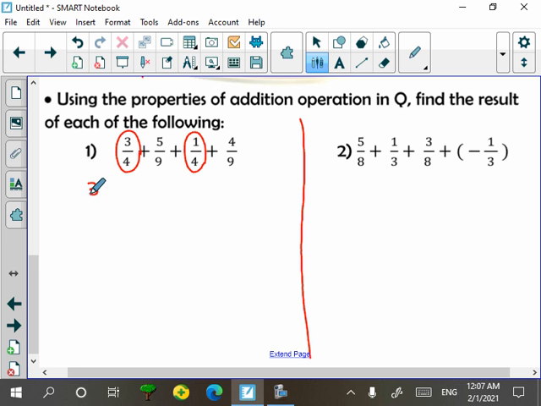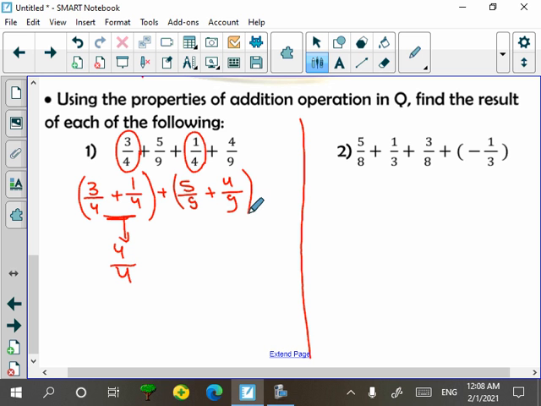And then we will write 3/4 + 1/4 + 5/9 + 4/9. 3/4 + 1/4 equals 4/4, and 5/9 + 4/9 equals 9/9. Then 4/4 equals 1, and 9/9 equals 1. Then 1 + 1 equals 2. Then the answer of this question equals 2.